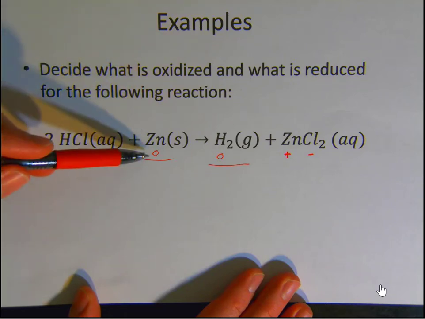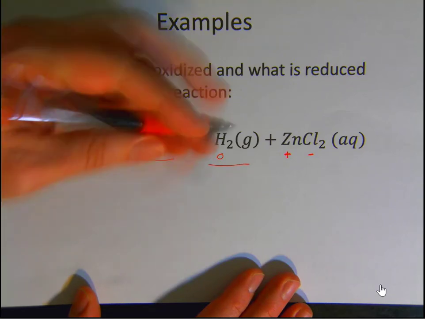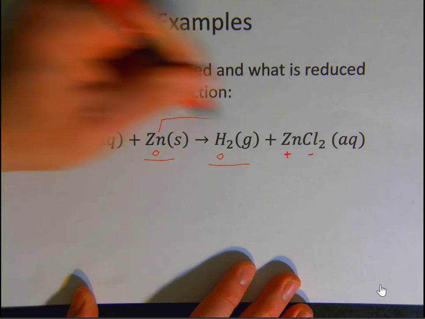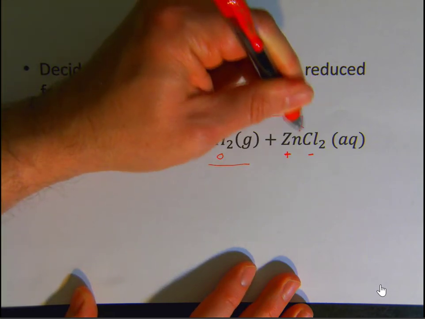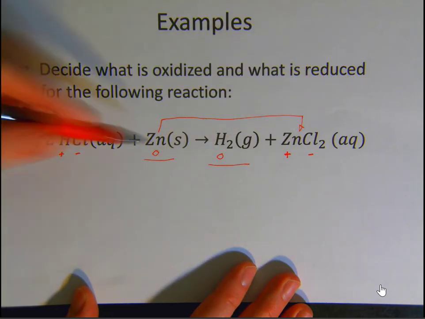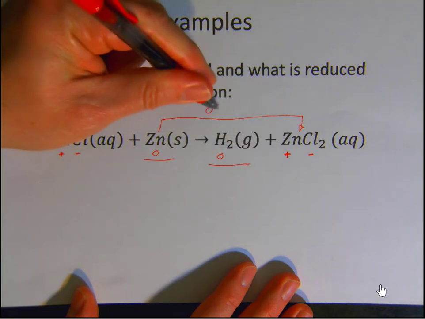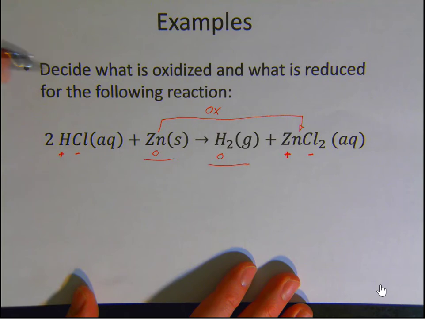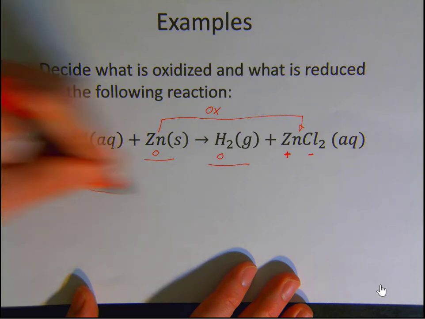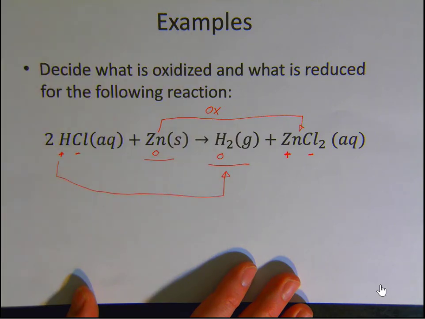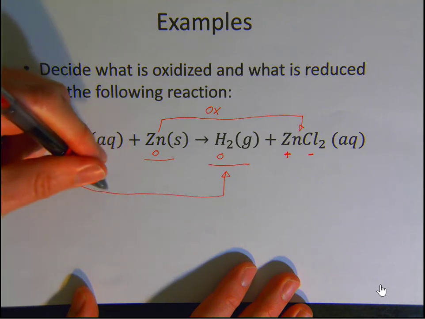So for the zinc, we go from regular zinc to zinc that has lost some electrons to gain a positive charge. So it has lost electrons, so that is an oxidation. For the hydrogen, we go from a hydrogen that has missing electrons to a hydrogen that's regular hydrogen with its regular amount of electrons.